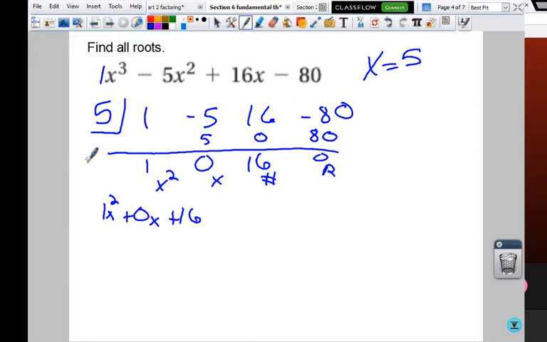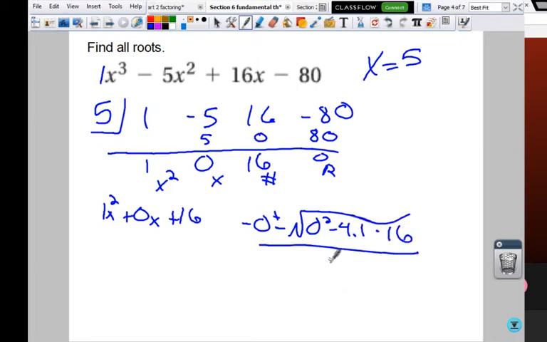Alright, so we have this down. We're going to have to go through and do the quadratic equation. We can't do sum of squares because we don't have that, or difference of squares. So, negative 0 plus or minus the square root of 0 squared minus 4 times 1 times 16, all divided by 2 times 1.